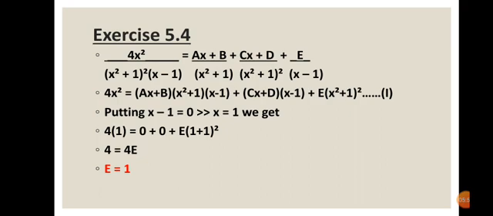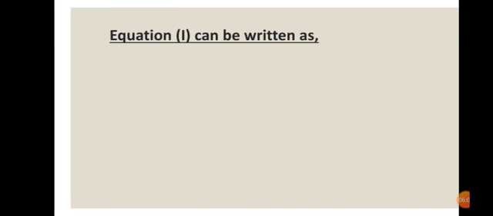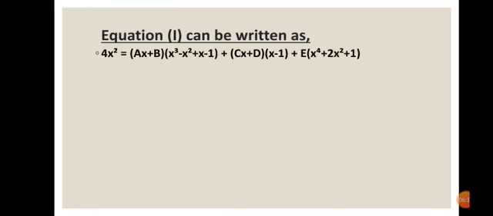Now students, we have no other linear factor that can be put equal to 0. So we will compare the coefficients of the given equation. For this method, we will write equation number 1 as 4x square equals Ax plus B into x cube minus x square plus x minus 1. From where did I get it, students?